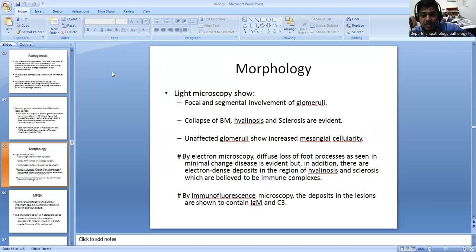But in addition, there are electron dense deposits in the region of hyalinosis and sclerosis, which are believed to be immune complexes. By immunofluorescence microscopy, the deposits in the lesions are shown to contain IgM and C3.